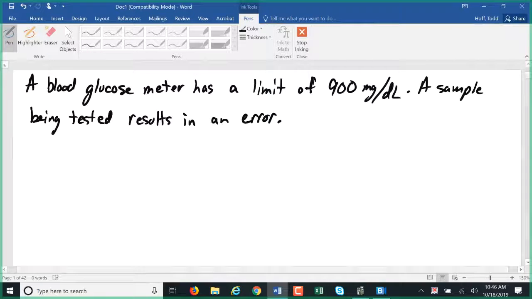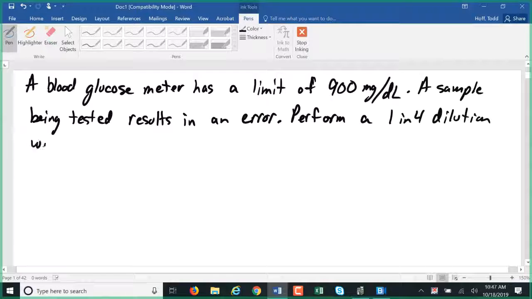So as we look at this, we're going to have to dilute the sample. We're going to be asked to perform a 1 in 4 dilution with 200 microliters of blood and retest.